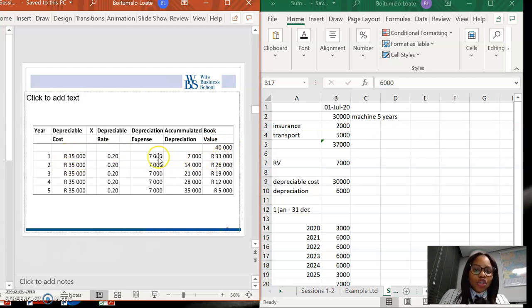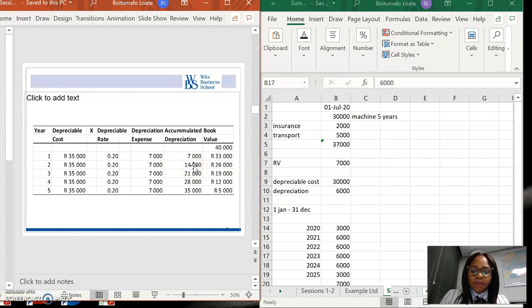And as your depreciation happens every single year, you've also got what is called accumulated depreciation. Your accumulated depreciation, which will also be reflected in your balance sheet, will just be all the depreciation over all the years. So in year 2, because you've depreciated by an extra 7,000 and in year 1 you had another 7,000, your accumulated depreciation will reflect 14,000.